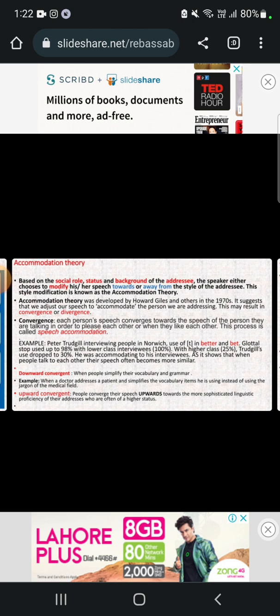Downward convergence is when people simplify their vocabulary and grammar, like when a doctor speaks to his patient, he will not use medical terminologies, whereas he will speak in more layman language. So it is downward convergence. Upward convergence is when people converge their status upwards towards the more sophisticated linguistic proficiency of their addressee, who is often of a higher status than them. So this is called upward convergence.